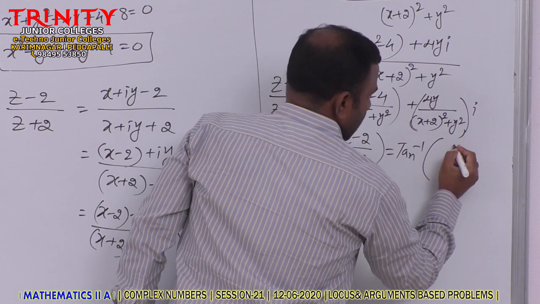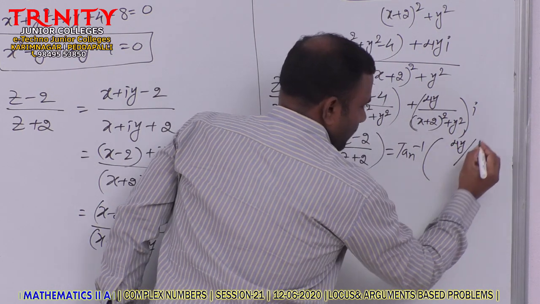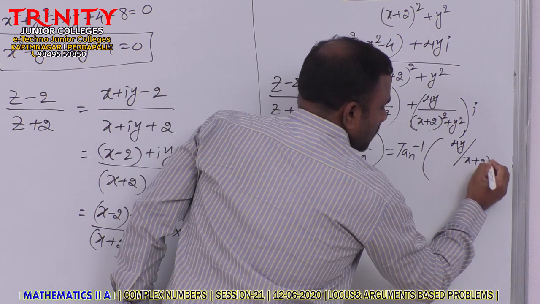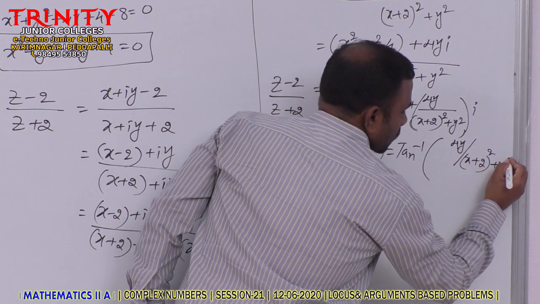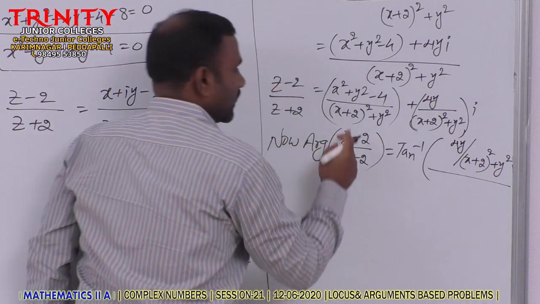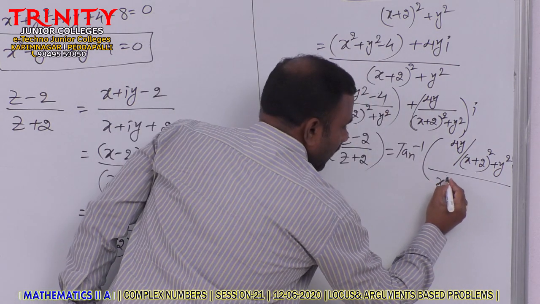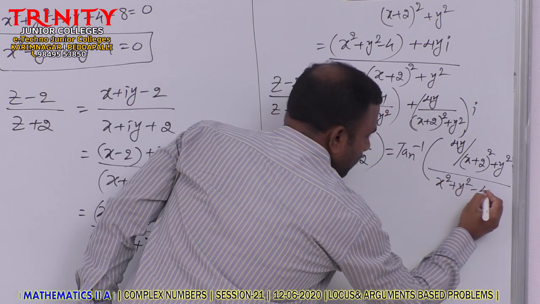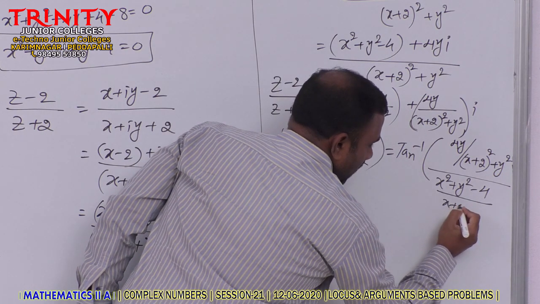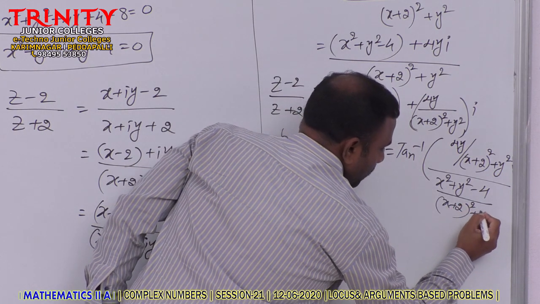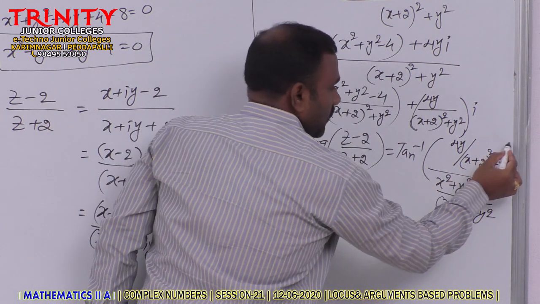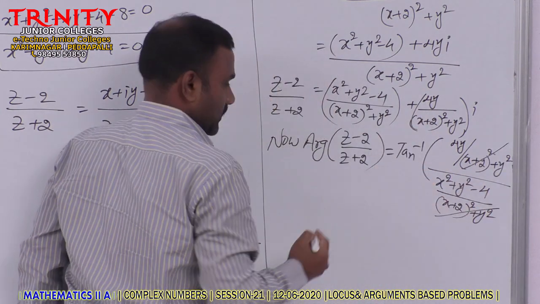Imaginary by real: 4y by ((x plus 2) whole square plus y square), divided by the real part, which is (x square plus y square minus 4) by ((x plus 2) whole square plus y square). Both the denominators get cancelled.